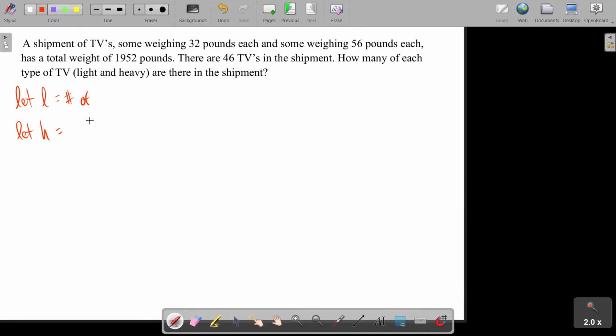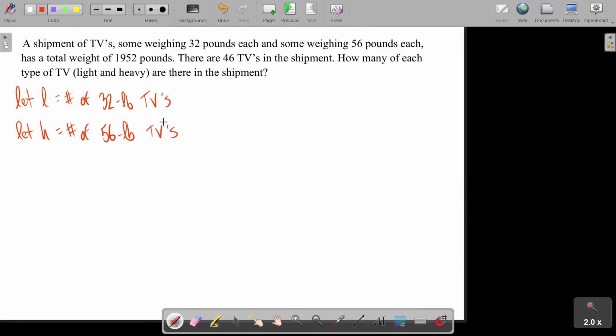And if it confuses you, you could just write light, or you could write the number of 32-pound TVs. If you want to call them light TVs, that's fine. Okay. And H is the number of the heavier TVs, the 56-pound TVs.